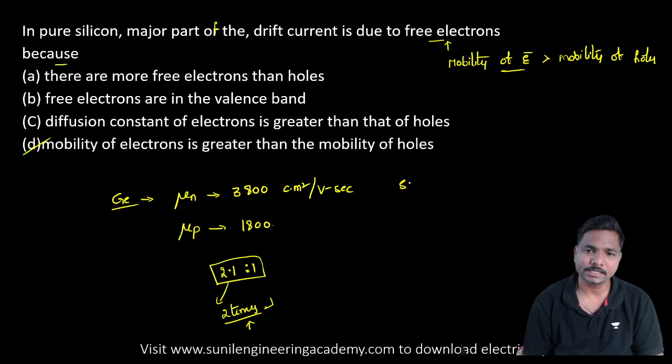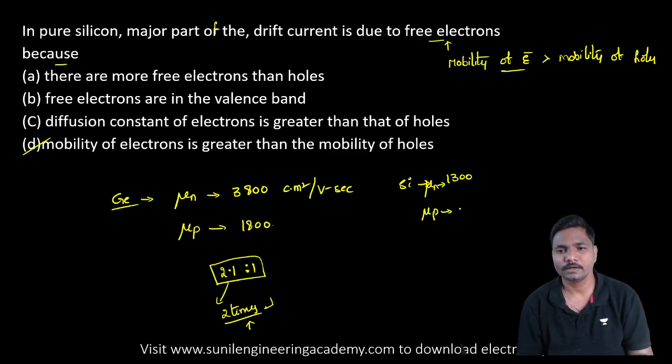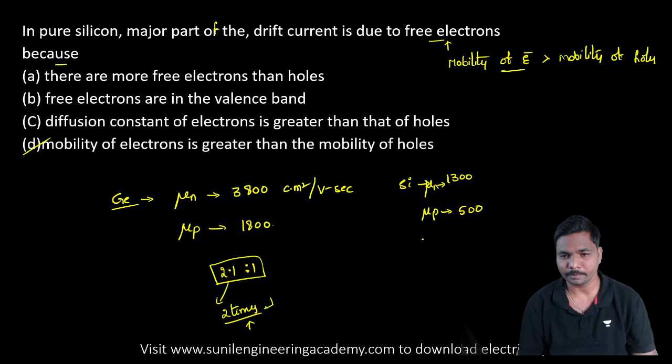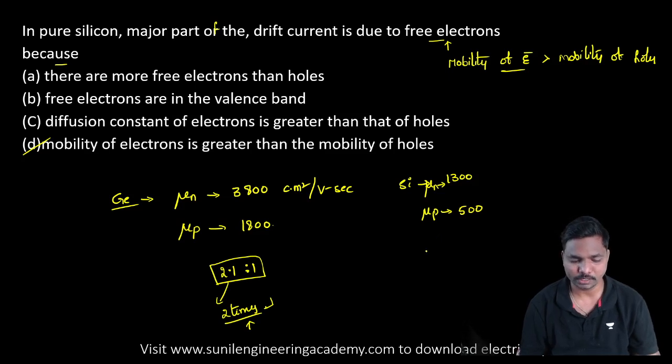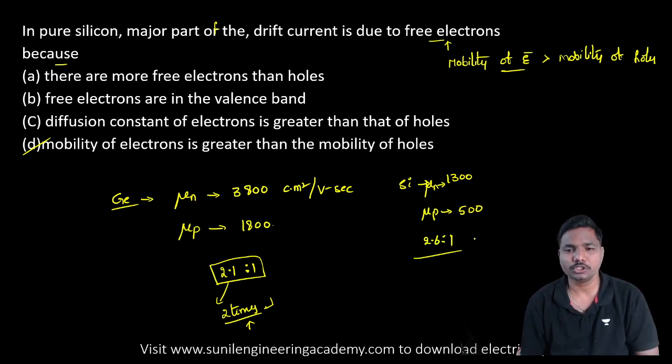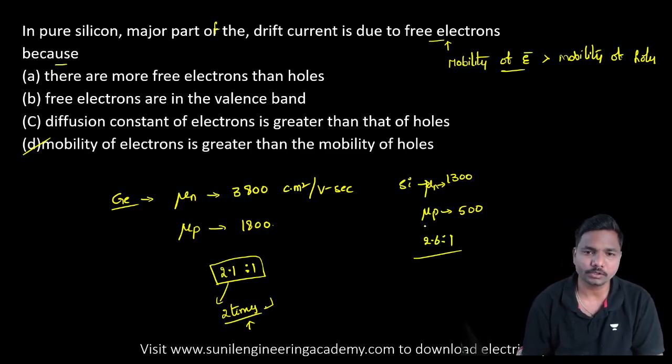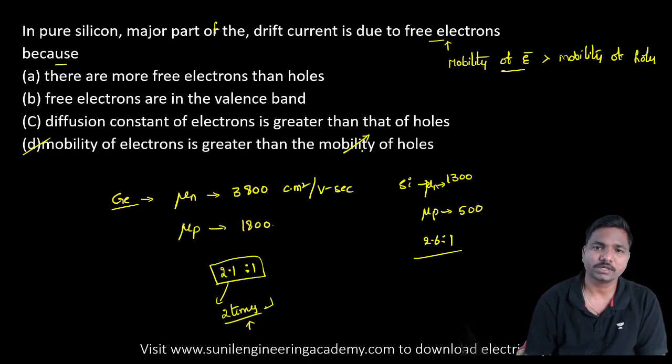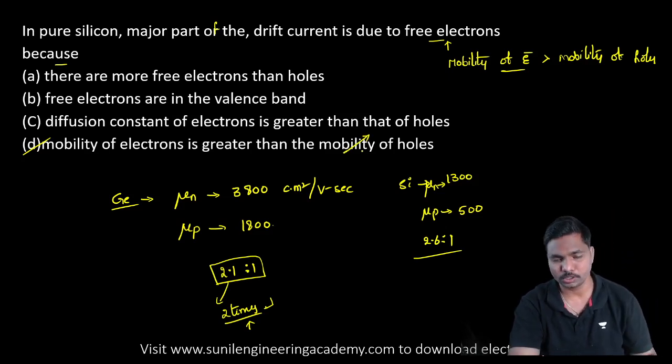If you consider silicon, the mobility of electrons is of the order of 1300, and the mobility of holes is of the order of 500. That gives approximately 2.6:1, so almost 2 or more than 2. That is why most of the current is due to free electrons only.